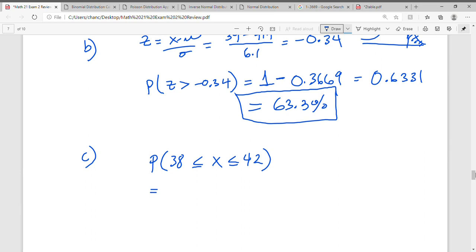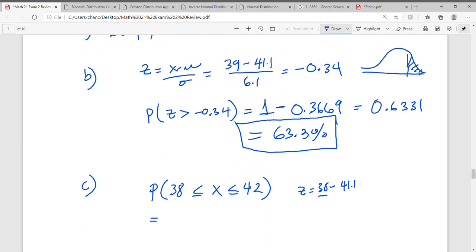This means we're going to have to use the z-score formula twice. I will use it with the 38, so z equals 38 minus 41.1 divided by 6.1, and then we'll also use it for 42: 42 minus 41.1 divided by 6.1.